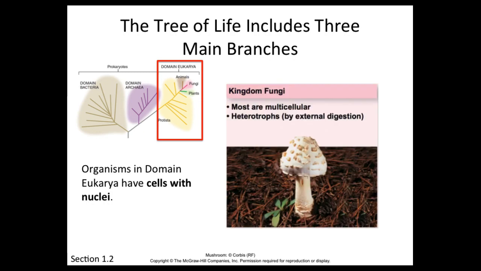Kingdom fungi, these are the fungus, which we probably think of as being mushrooms, but mushrooms are just one part of the fungus life cycle. Most fungus are multicellular, and most fungus are heterotrophs by external digestion. So they have to digest their food outside of their body and then absorb it across their cells.